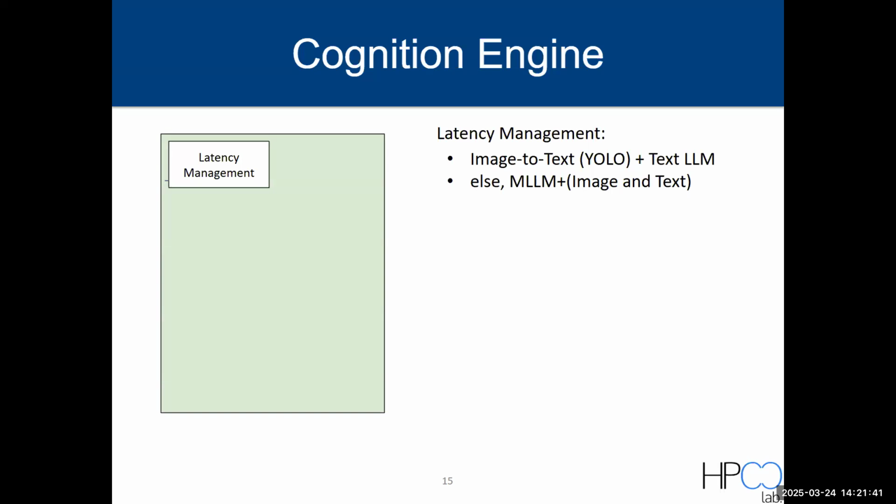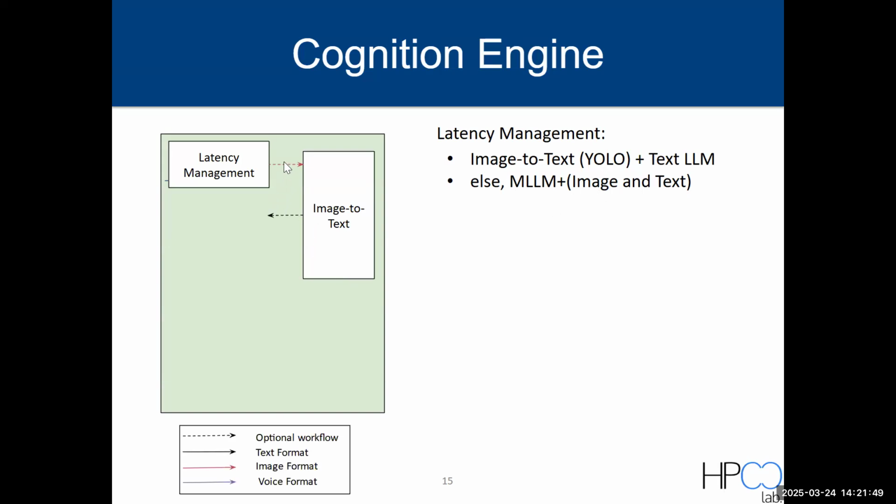So the latency management chooses the image to text model if the latency is really high. This dotted arrow indicates that it's an optional workflow, which need not always be executed. You use this flow only when the latency is high.